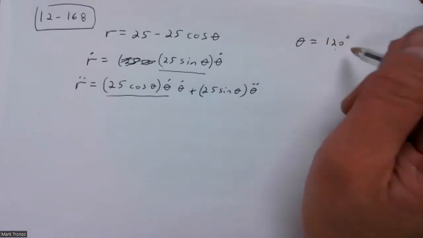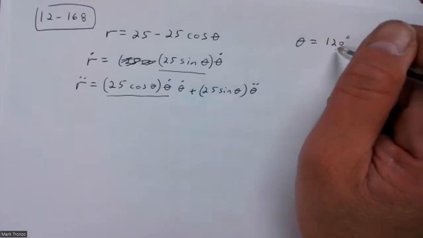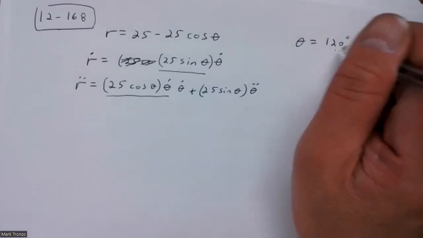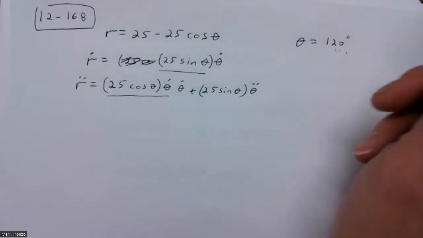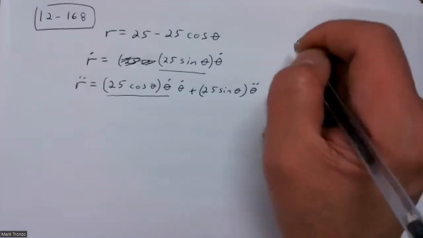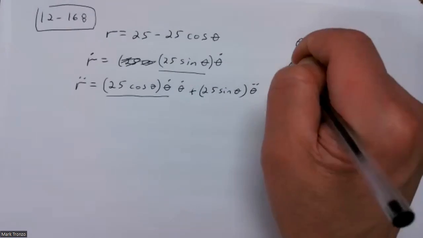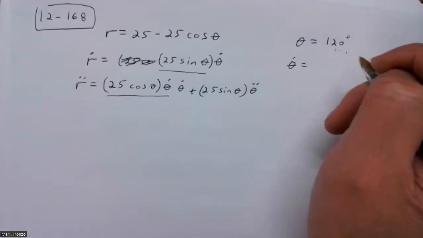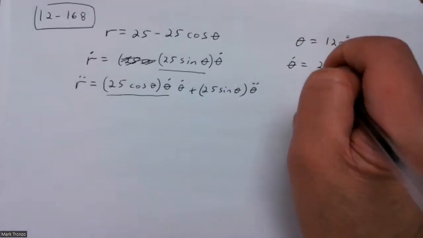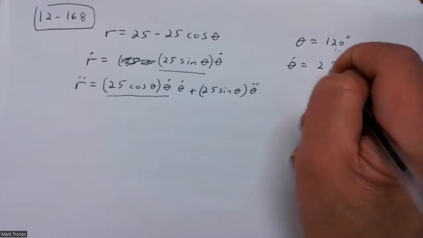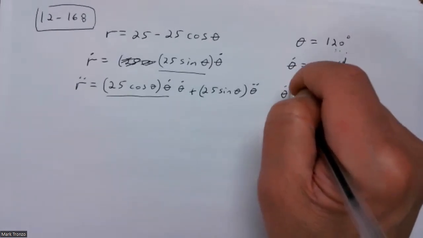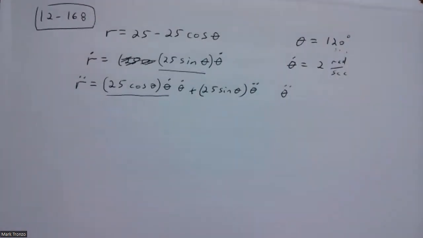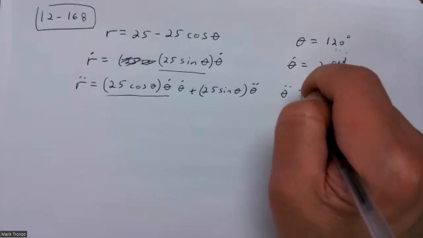As long as you have your calculator set correctly, you don't have to convert to radians. But if you're not sure about that, go ahead and convert it and use that. Now we're also given theta dot is 2 radians per second, and theta double dot we're given is 0.2 radians per second squared.